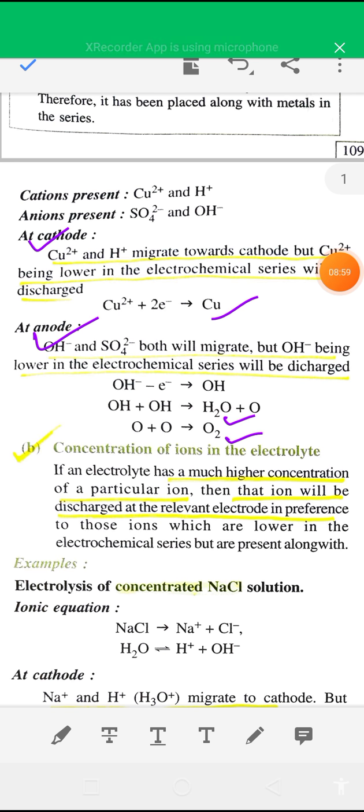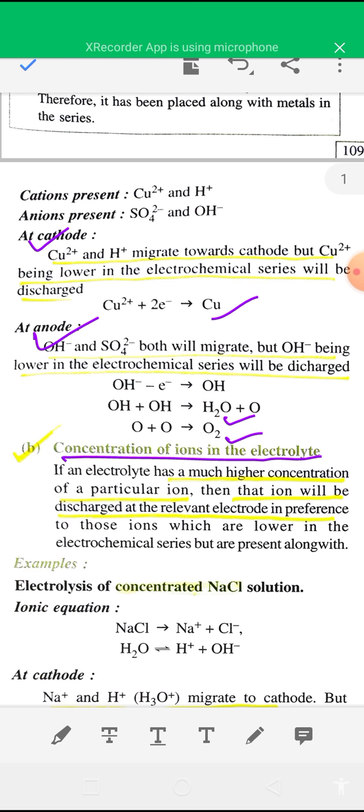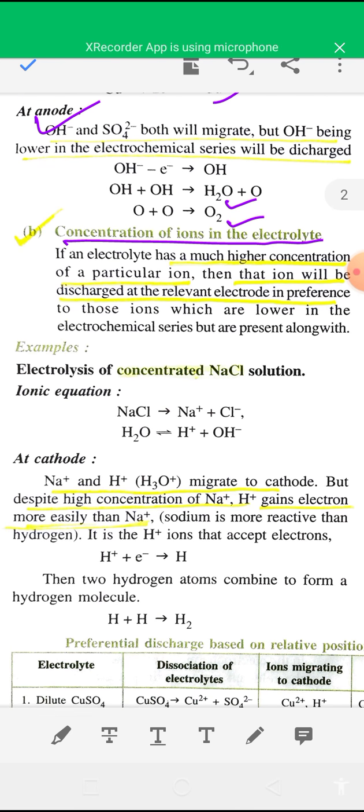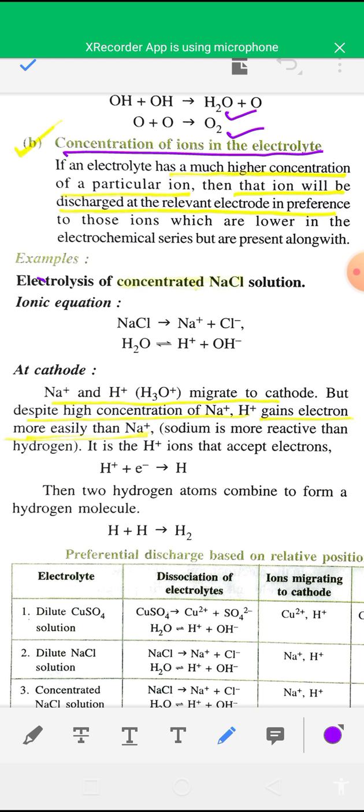Okay, now second point, how the preferential or selective discharge of ion depends on concentration of ion in the electrolyte. Let us explain with the help of an example: electrolysis of concentrated NaCl solution.